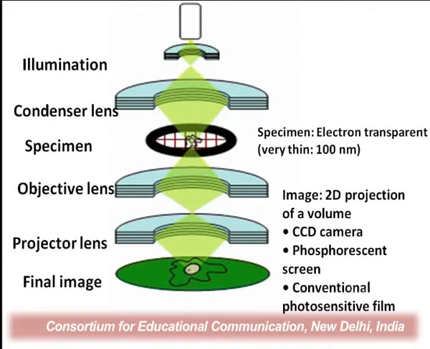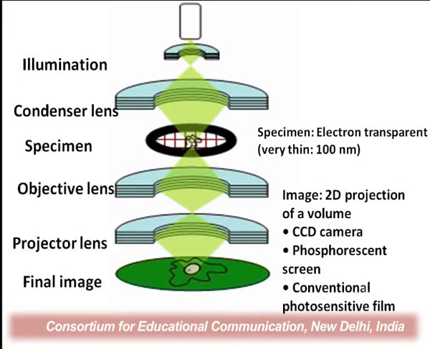This specimen is electron transparent and very thin, of the size 100 nanometer, and the beam is deflected through the condenser lenses and the objective lenses, and falls on the projector lens. After the projector lens, at the bottom there is a screen where the final image is generated.